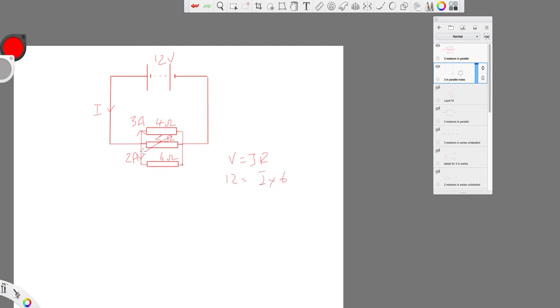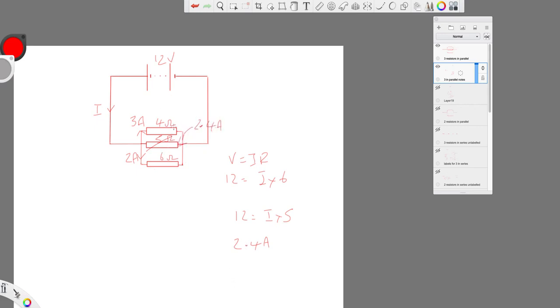So it's 12 divided by 6, it's 2 amps. The 5 ohms, that's a little bit harder. If I'd thought about it, I would have picked a different number, but I've got 12 volts. So 12 divided by 5 would be 2.4 amps. So that, can't draw it in there very easily, 2.4 amps.